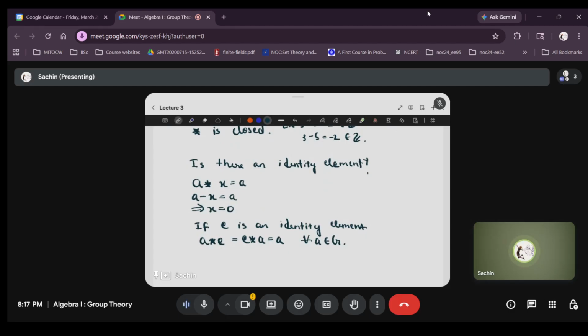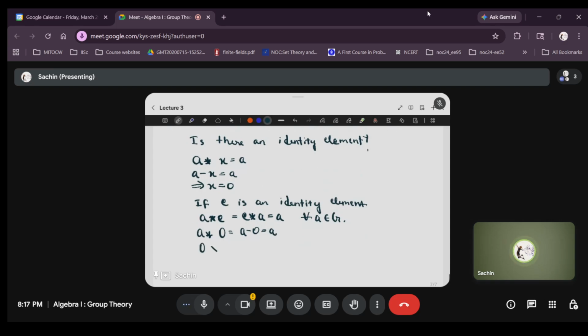So certainly A star 0 is A minus 0, which is A. That is fine. But what about 0 star A? That is 0 minus A, which is minus A, right? It is not equal to A in general. For all elements other than 0, plus A and minus A are different.